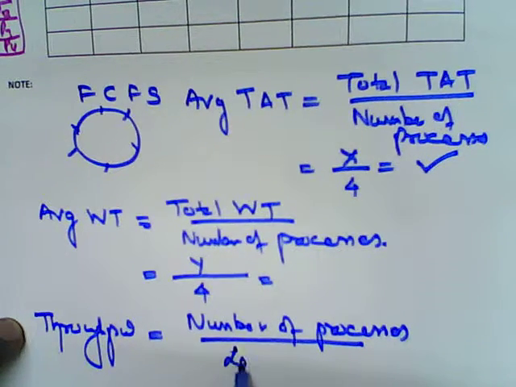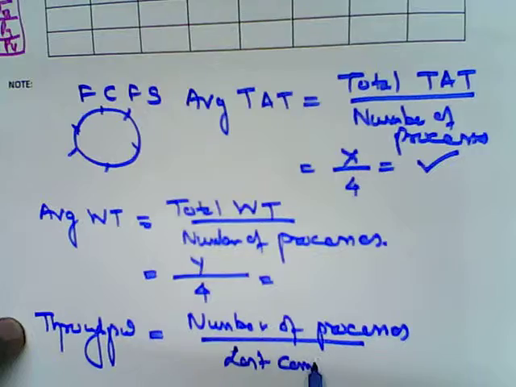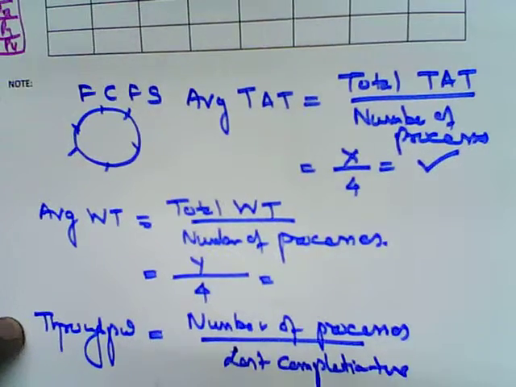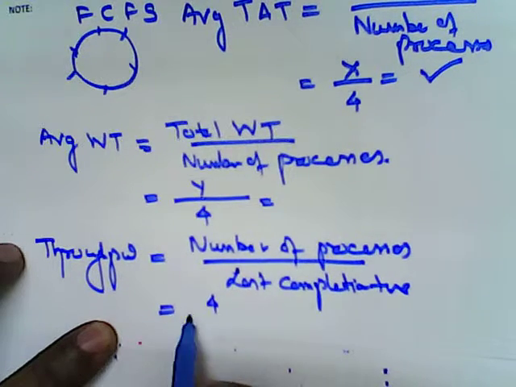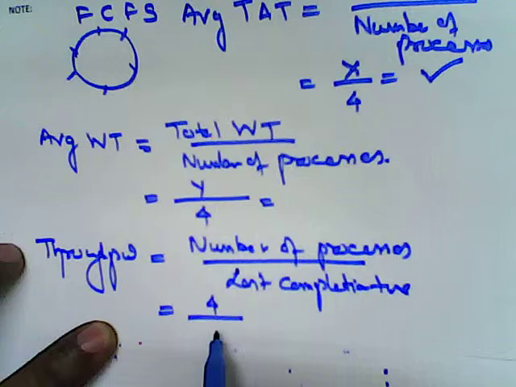So how much is the number of processes here? Number of processes is 4. What is the last completion time? It is 162. So that is the answer. So these 3 things you try to compute.